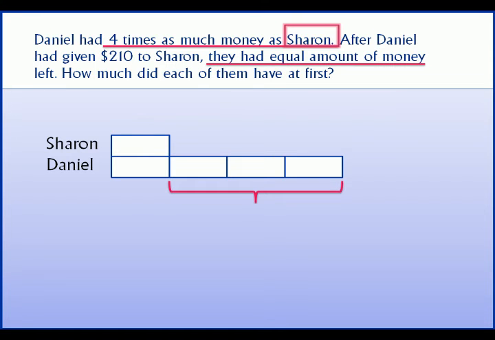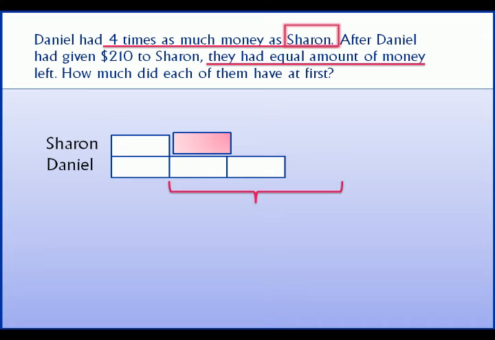And this is the amount that Daniel has more than Sharon. That is, Daniel has 3 units more than Sharon. Now let's see how Daniel can give his money to Sharon so that they have an equal amount of money.